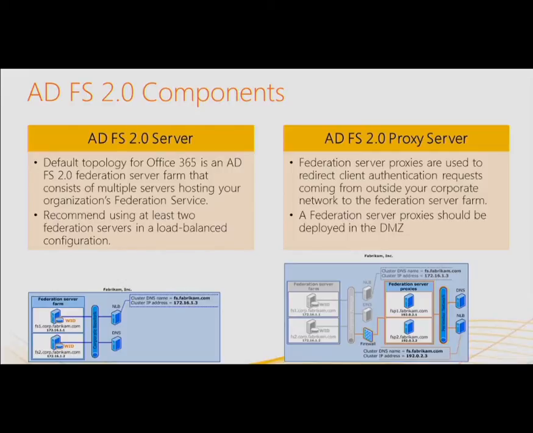It's a server component that should be installed on Windows Server 2008 or 2008 R2 and will be placed inside your corporate network. So it needs to access your Active Directory, have the list and validate user credentials for all your users and enable them to access Office 365.